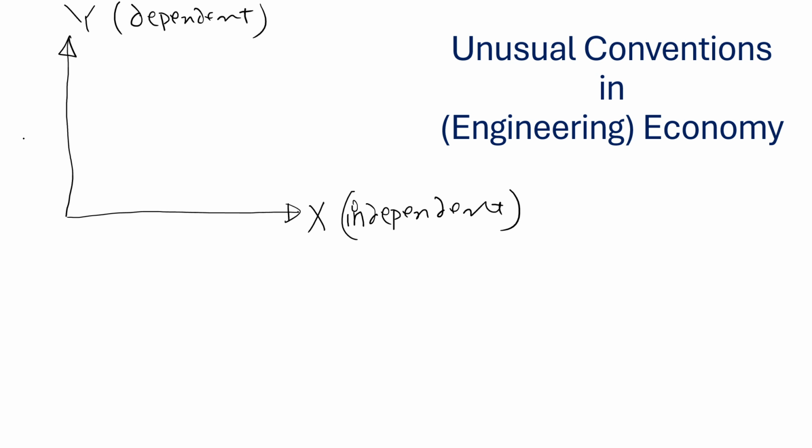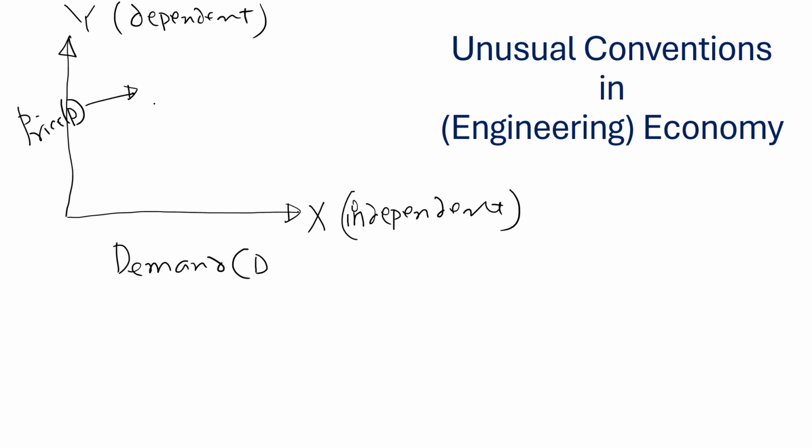You have already seen that the price P is plotted along the y-axis and demand is plotted along the x-axis. The problem with that is that price is independent.